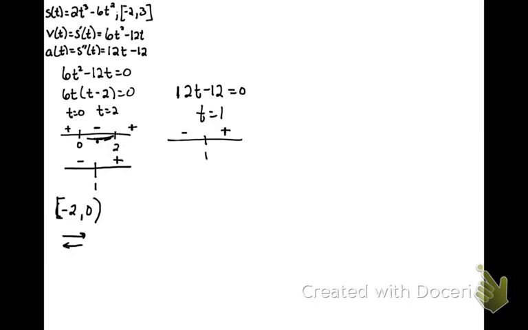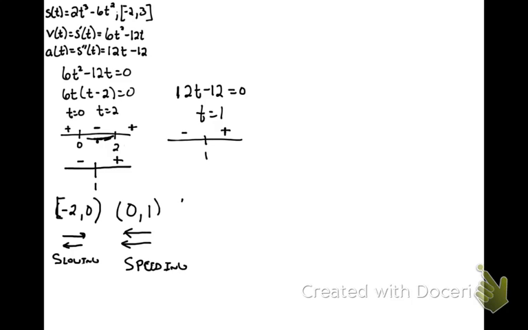So this would be when we're slowing down, because velocity and acceleration are working against each other. Then we can see from 0 to 1, velocity is negative and acceleration is negative. So this means it's speeding up. It's getting faster in the direction of travel.